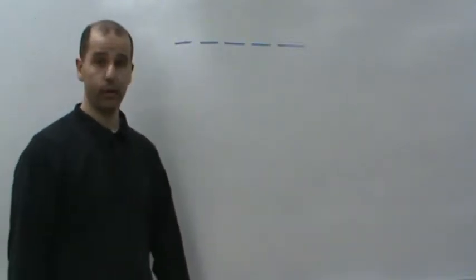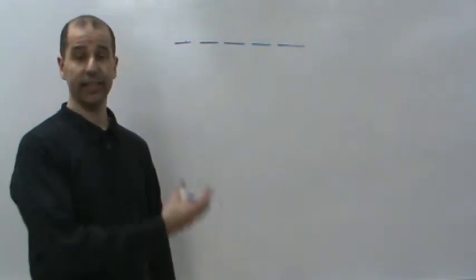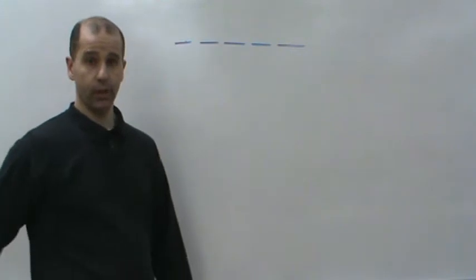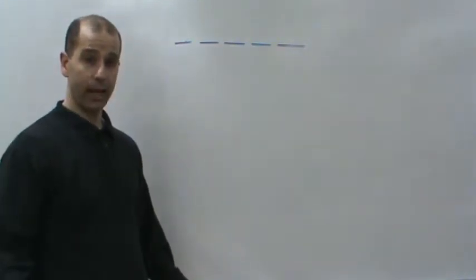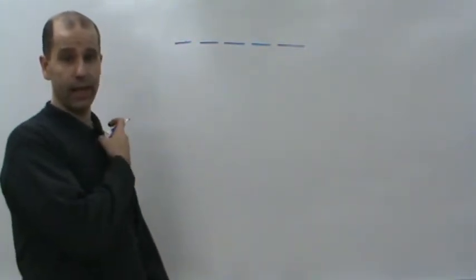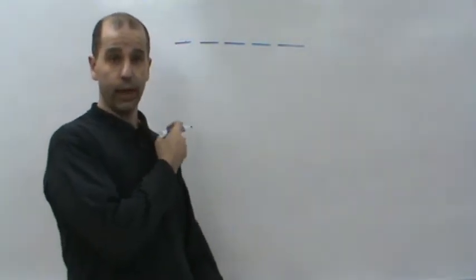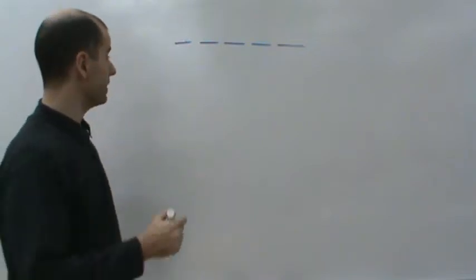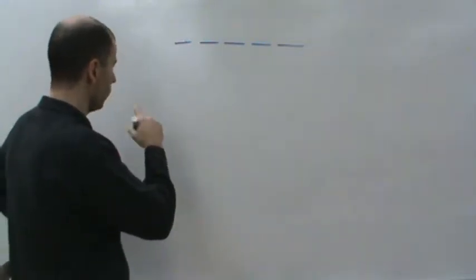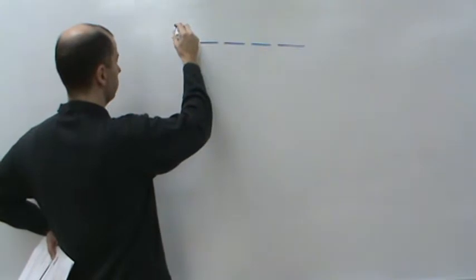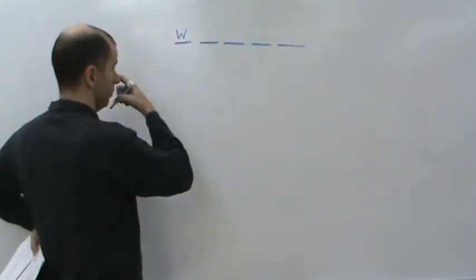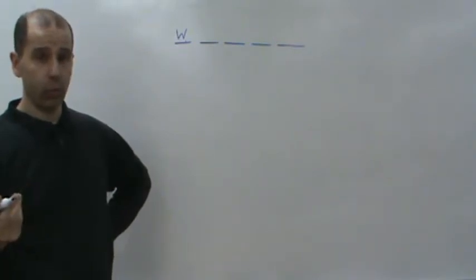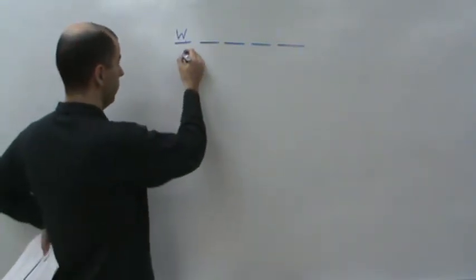In fact, it doesn't even matter. You could use any, like a letter. I could say, let's say the first character has to be a W and it's followed by 4 numbers. So how many choices do we get whether we say, okay, the first one's going to be a 9 or a W? We only get one choice, right? So let's say the first one has to be a W. Well, we only get one choice. So that's just one here, right?